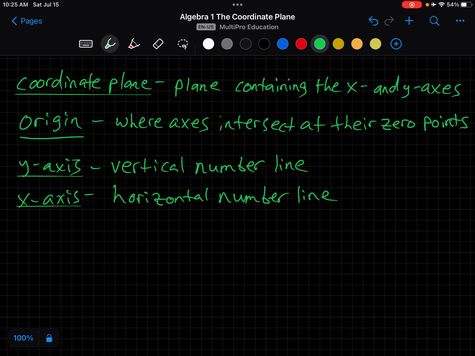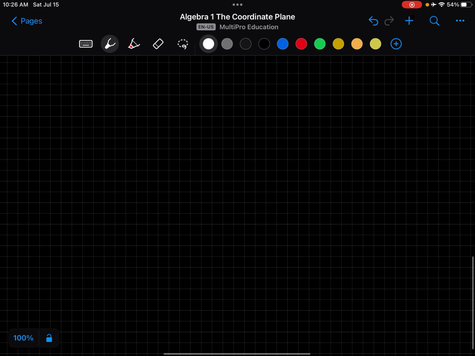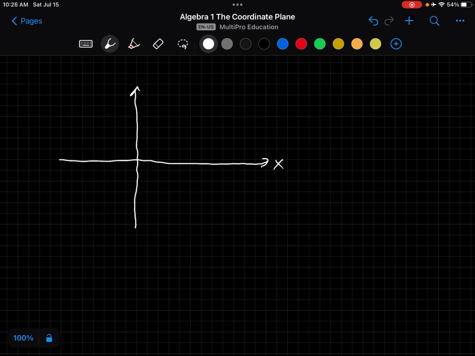Alright, so we needed to get those definitions out of the way. So you want to see things in words, now we're going to see things graphically. Okay? So let's draw what we're talking about. Okay, this is going to be x. This is going to be y.